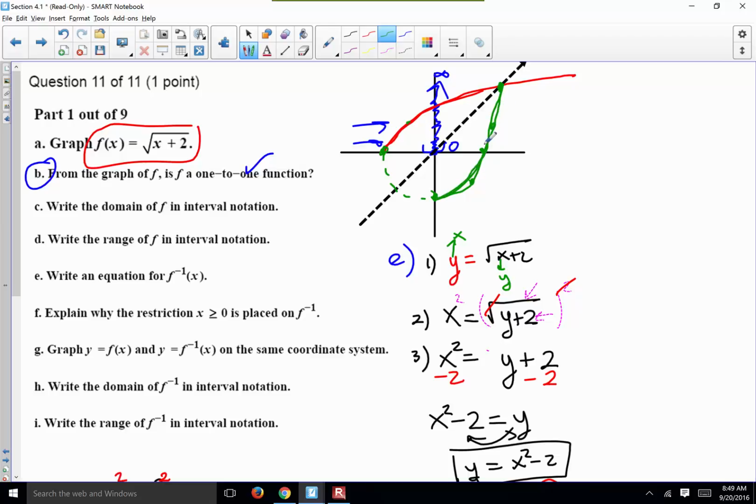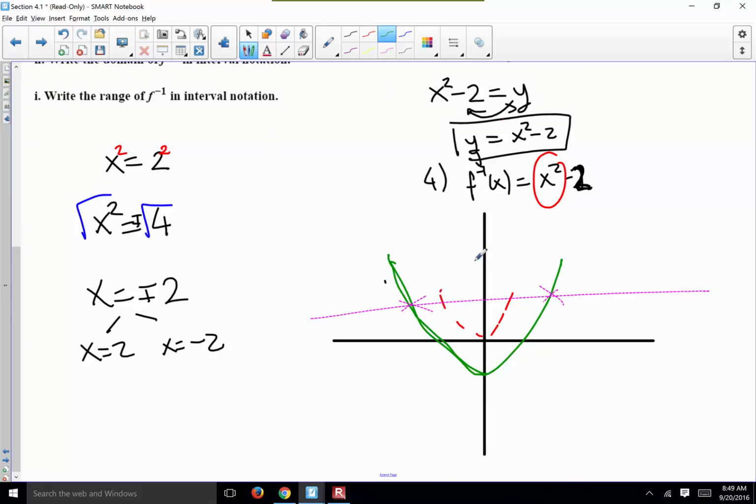It tells you this is F inverse. It tells me which part of this parabola we are going to take. Which half are we going to take? The right side, not the left one.